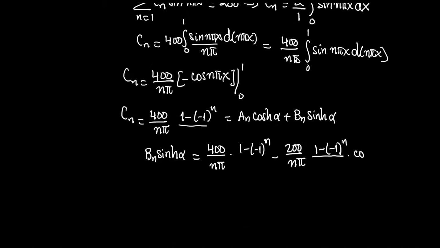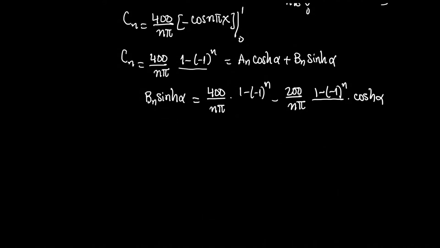We're just getting cos hyperbolic of alpha. Then from here, you can just isolate B_n. B_n is 1 over hyperbolic sine alpha times, what I'm going to do, factorization of n pi. Then, okay, these are also the same, so I can just do 1 minus (minus 1) to the power n over n pi.